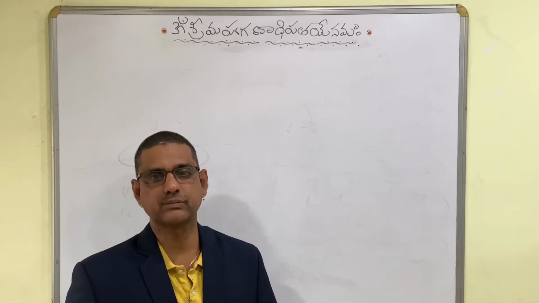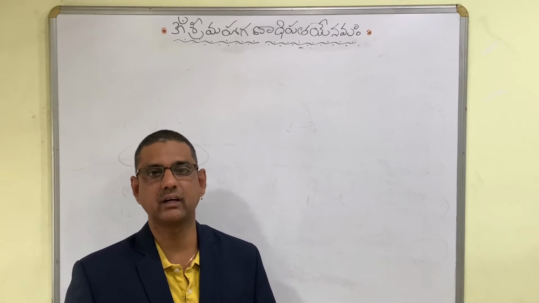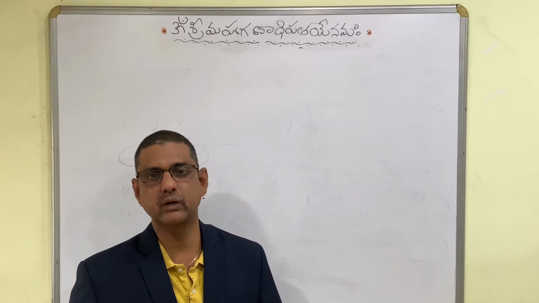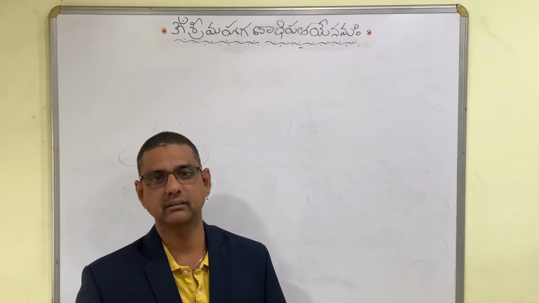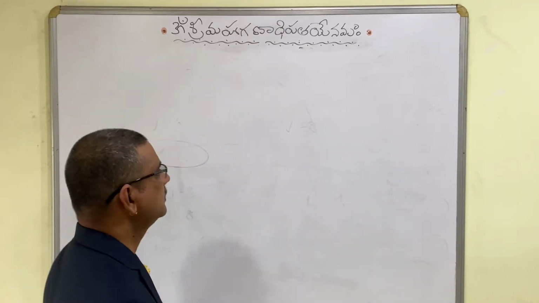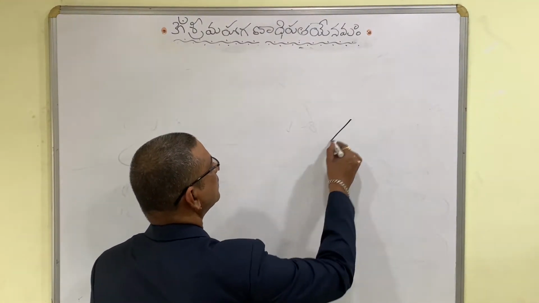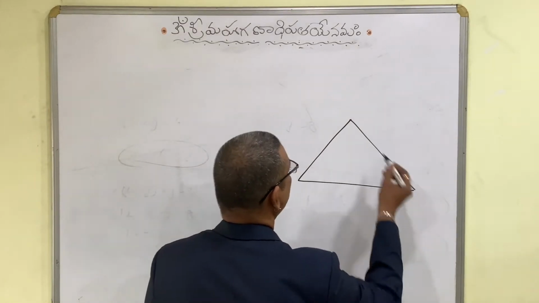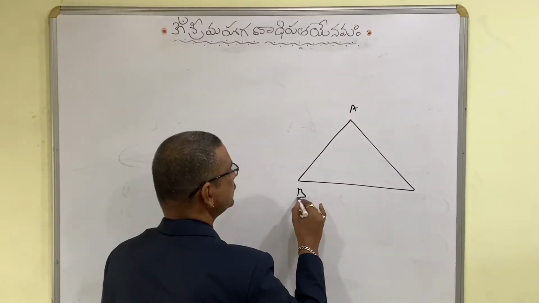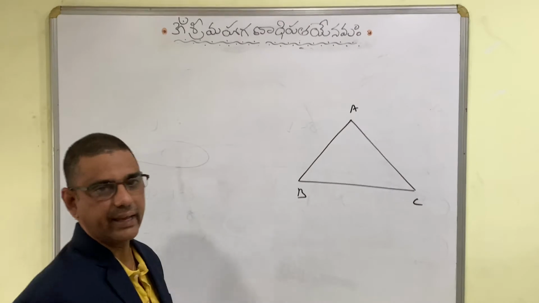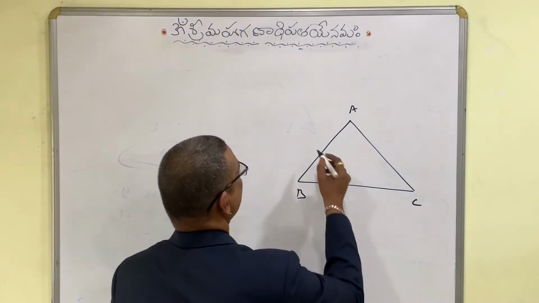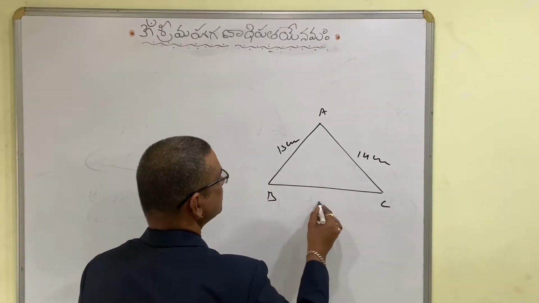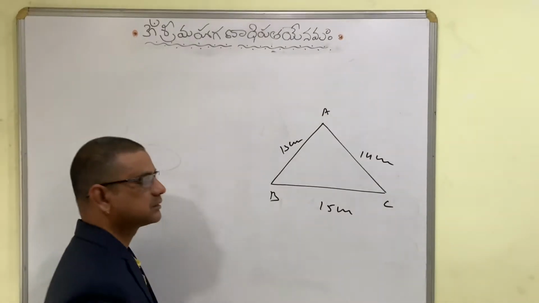Today I am going to explain a concept related to trigonometry. One day, one student came to me with a doubt. He has a triangle ABC, which is not a right triangle, with sides 13 centimeters, 14 centimeters, and 15 centimeters.